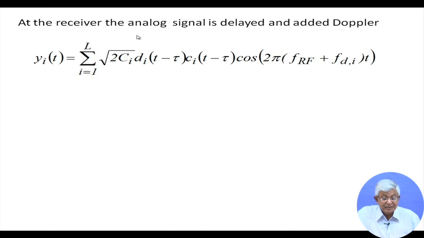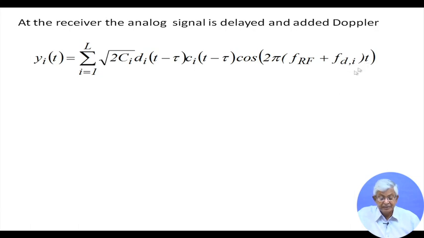So, this expression after the delay, at the receiver, becomes in terms of tau, that is the code delay. It is the summation of all the satellite signals, so they will come together, which is root 2 c I d I (t minus tau) c I (t minus tau) cos 2 pi (f RF plus f d I) t, where f d I is the Doppler.